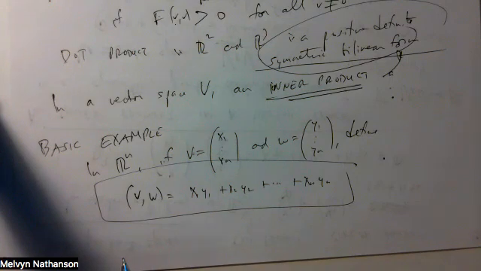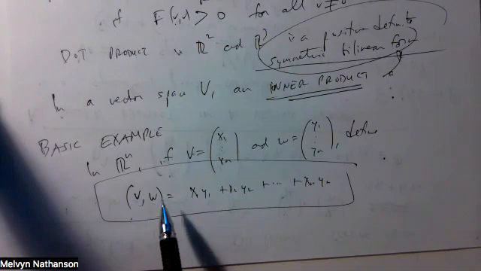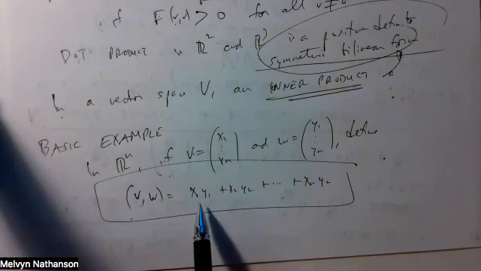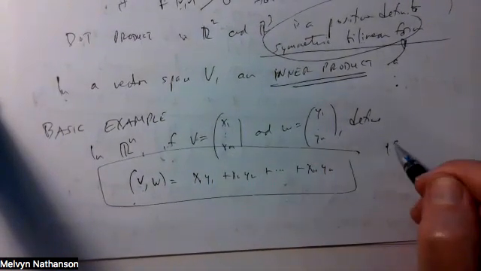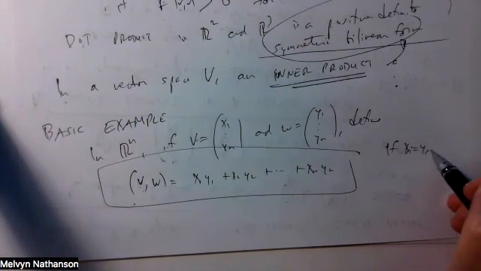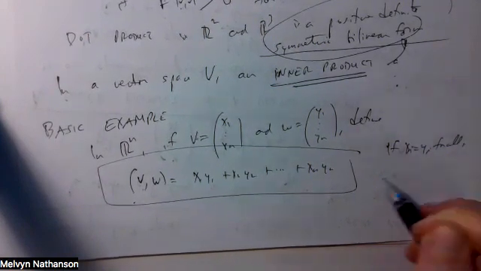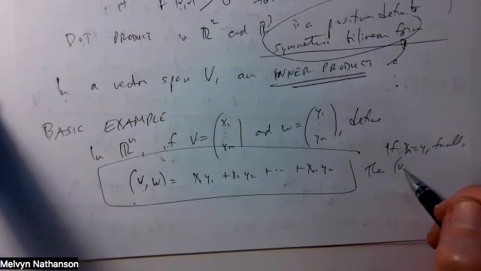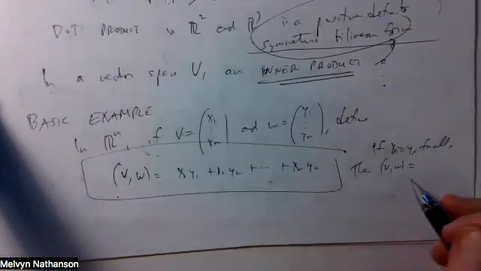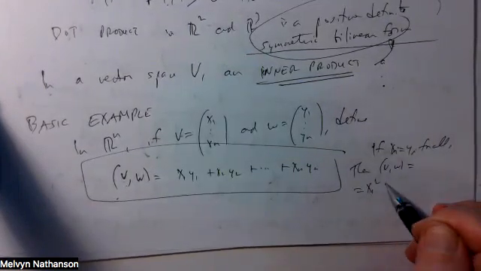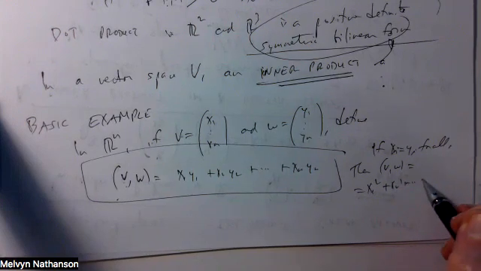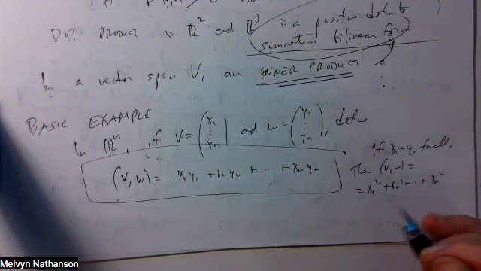And again, if you look at this, some things are clear right away. If V equals W, that means xi equals yi. Let me just write this down. So if xi equals yi for all i, then the inner product of V and W is x1 squared plus x2 squared and so on. It's just the sum of the squares of the variables.